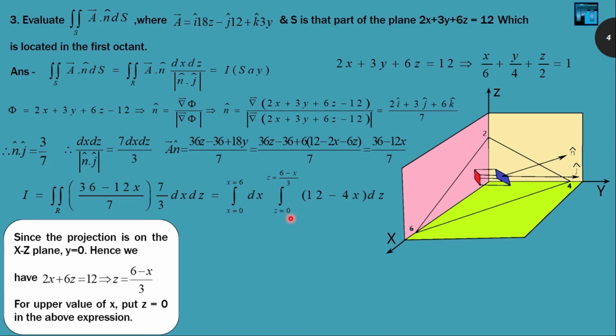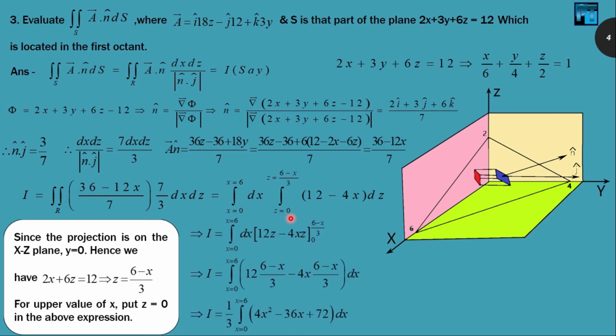Okay, you can check that part. Now let's proceed. This becomes 12z and this becomes 4xz. Putting the values of upper and lower limit, we are left with 4x square minus 36x plus 72 dx, x equals 0 to 6, and our final answer is 24.